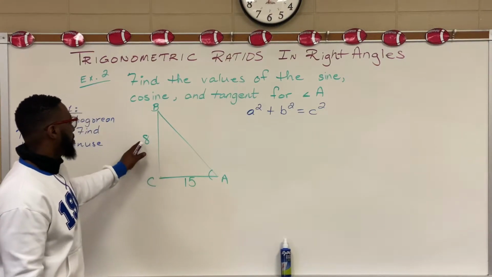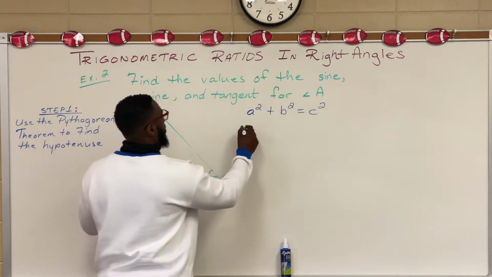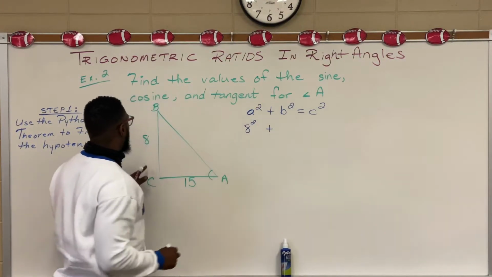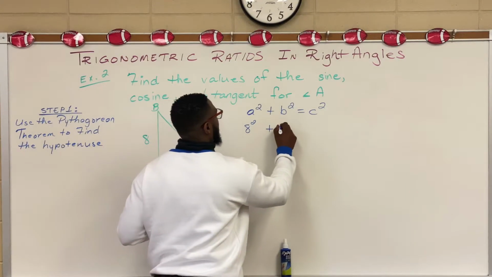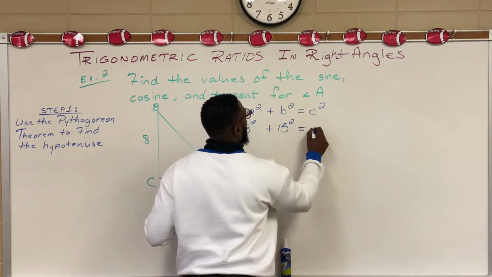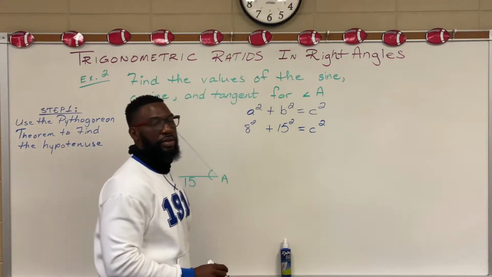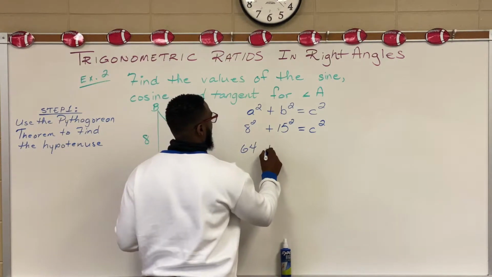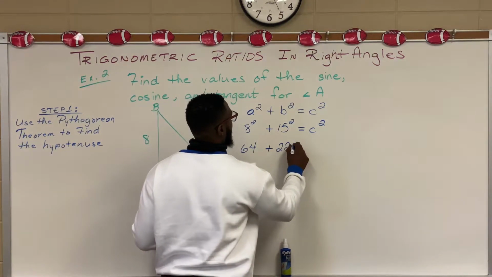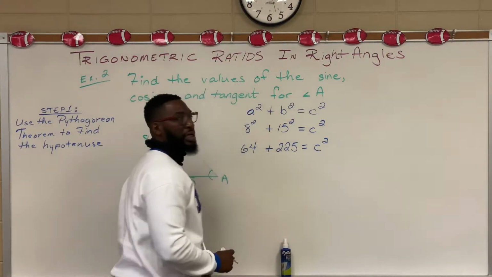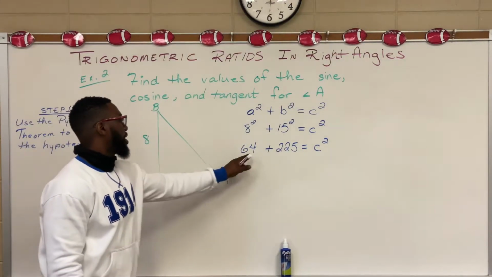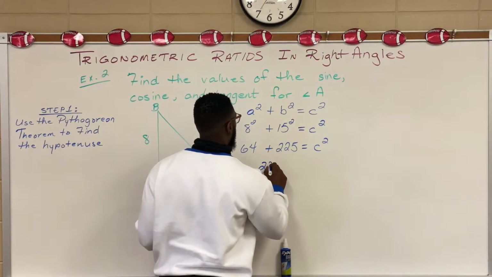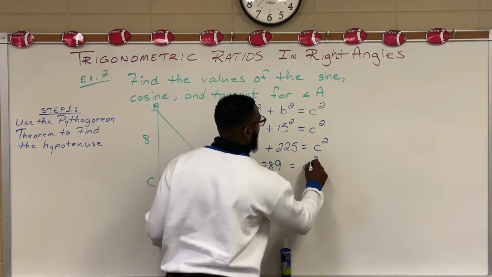So we set it up. These are interchangeable, so 8 squared plus 15 squared equals C squared. 8 squared is 64 plus 225 equals C squared. 64 plus 225 is 289 equals C squared.